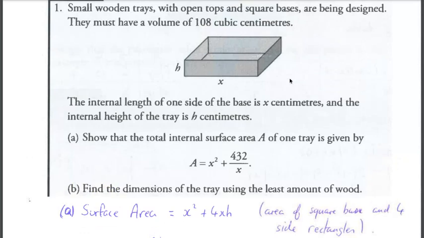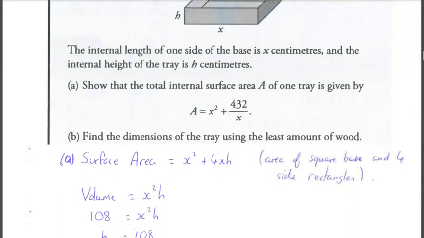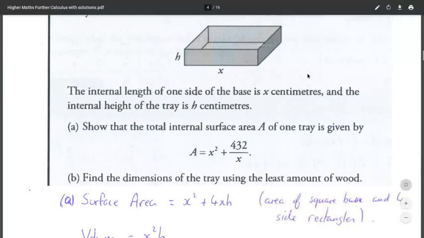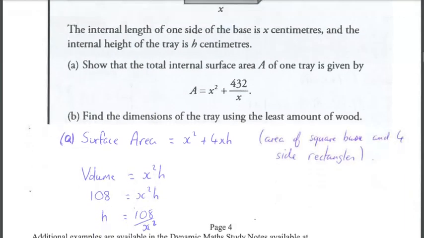Well, the base is x by x, so that's x squared. The front here is x multiplied by h, which is xh. The side, the right-hand side, the left-hand side, and the back side is also xh for the area. So we've got xh multiplied by 4, which is 4xh. So all I've done there is just found the area of a rectangle and a square, added them together.